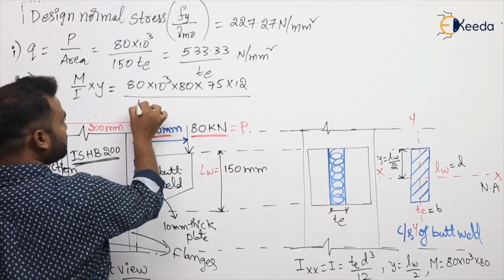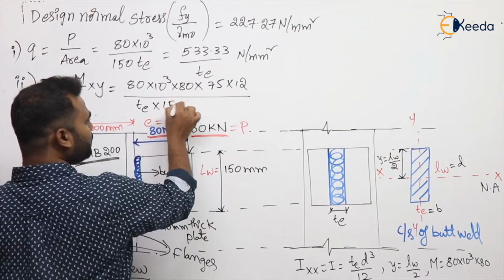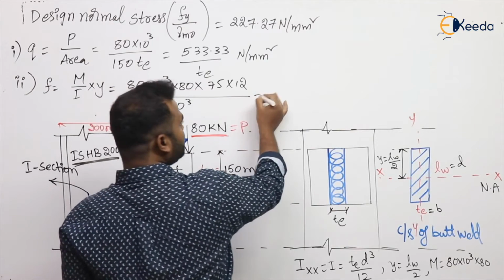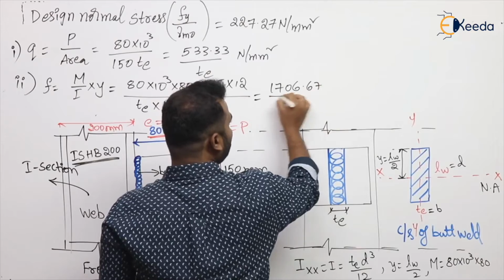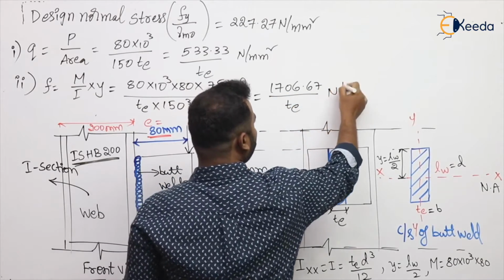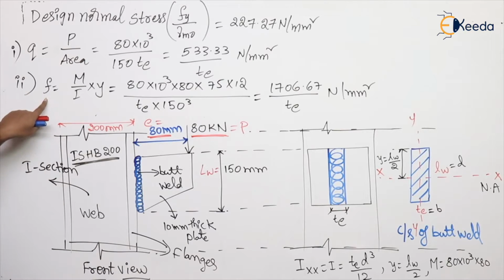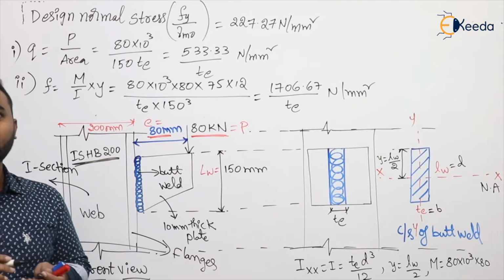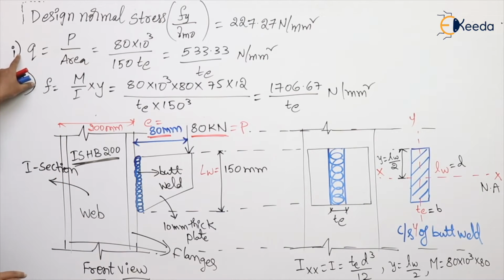We need to find it. Te into D cube is 150 cube, right? This is the expression for the normal stress. Upon simplifying, we get 1706.67 by Te Newton per mm square. These are the calculated normal stress and shear stress because of this out of plane eccentric loading.